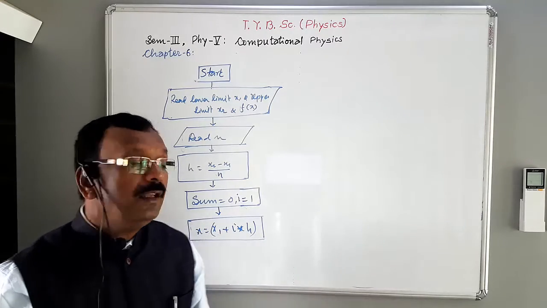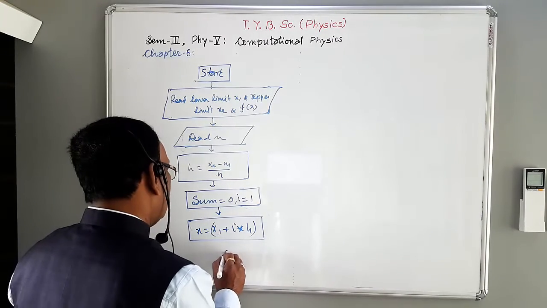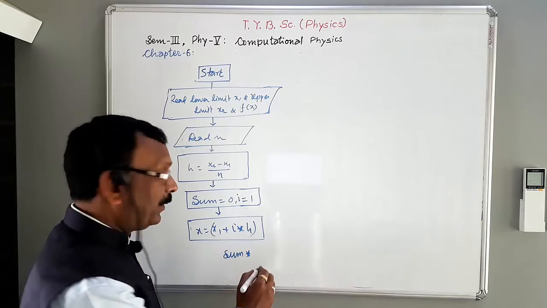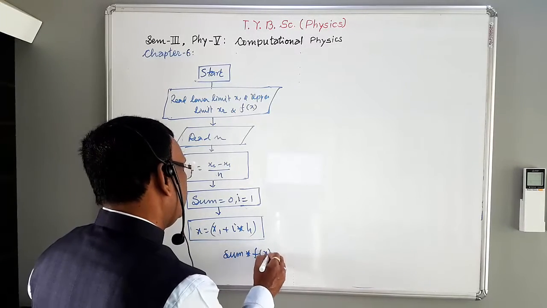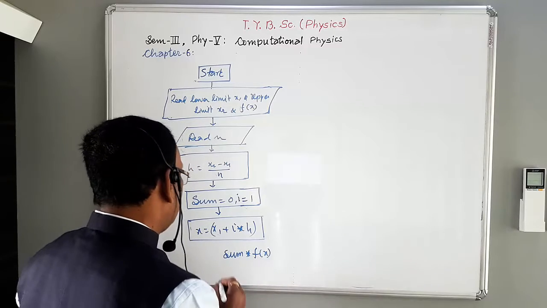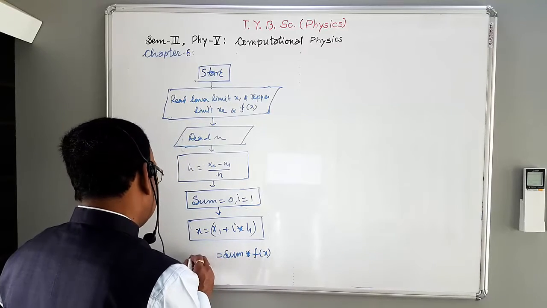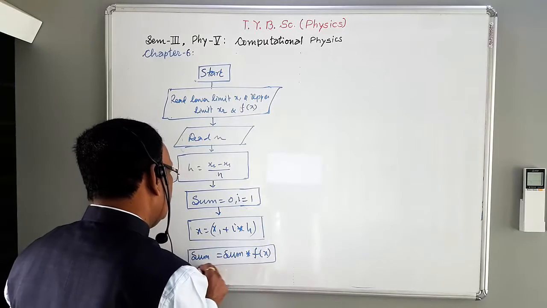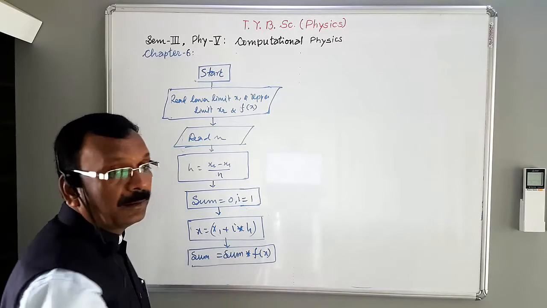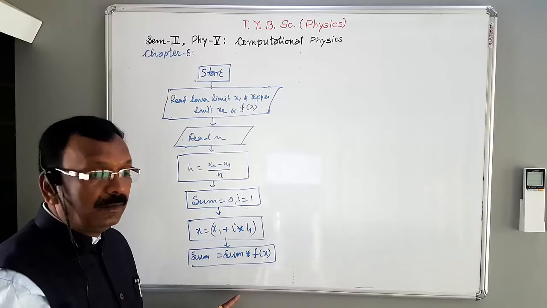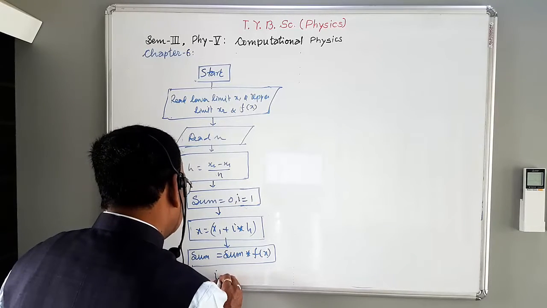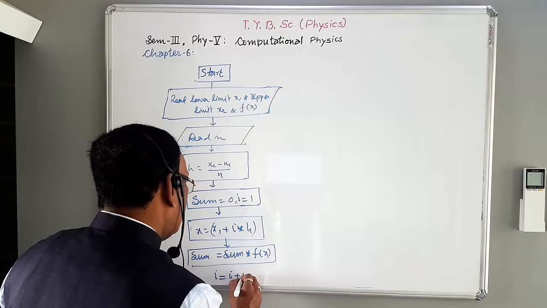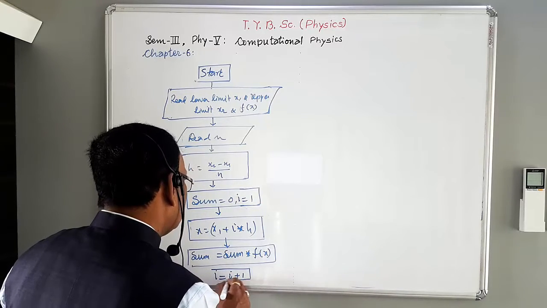Okay. Now we have to assign sum as what? Sum plus f of x. We have to add the given function to the sum and assign the result to the variable sum, and this is done by this formula. Okay. Now we have to increase, or go to the next step, and this will be done by using this block.